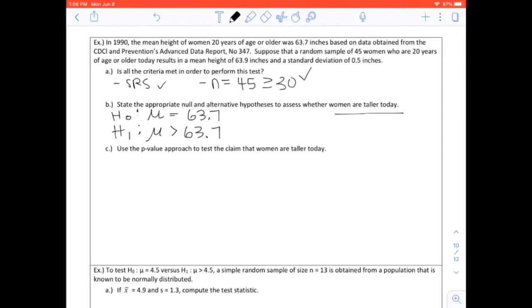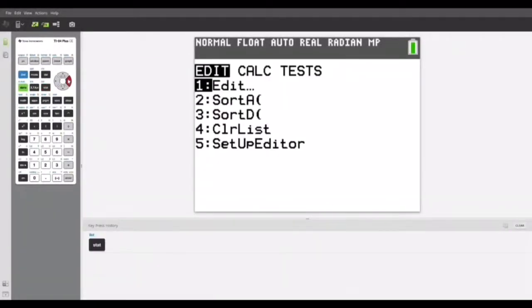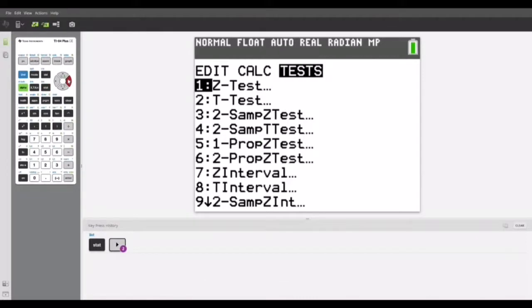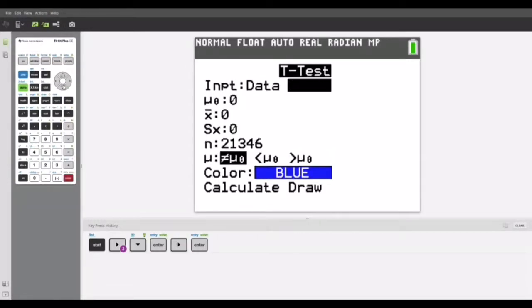Part C says use the p-value approach to test the claim that women are taller today. So from here, we need to enter our data into the calculator. We are going to go from Stat to Test, go down to T-Test, select Enter. We are dealing with statistics on this one, so go to Stats.